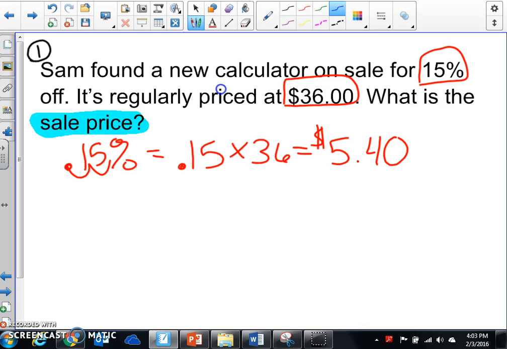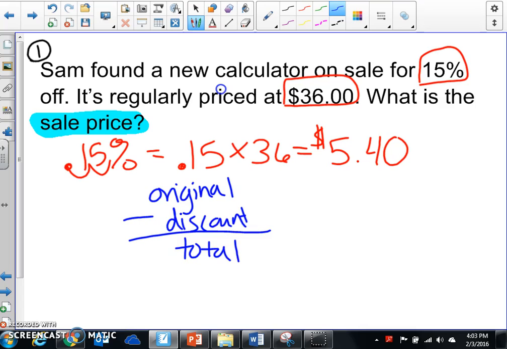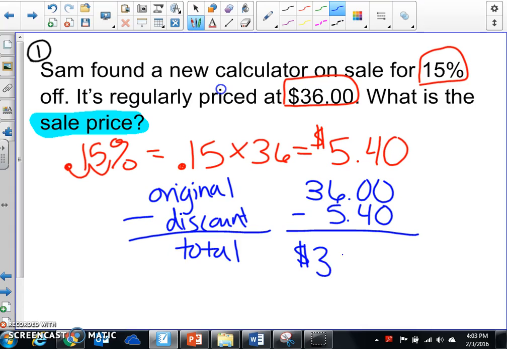So I take the original amount, and since this is a discount, I subtract the discount to get my total or my sale price. So the original is 36 minus 5.40, and that should give me $30.60.